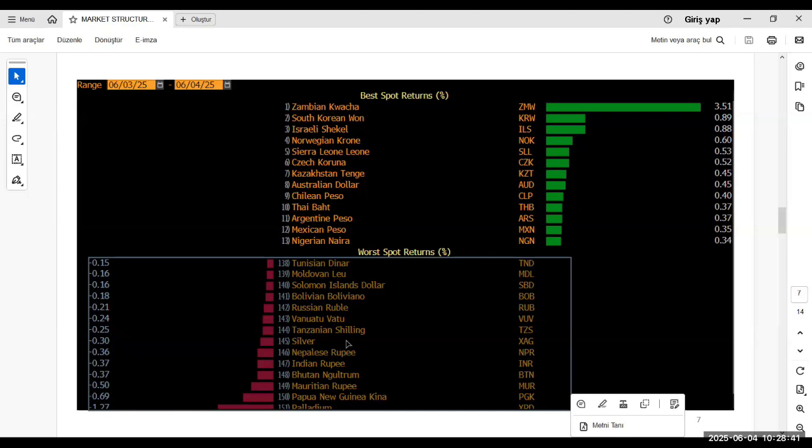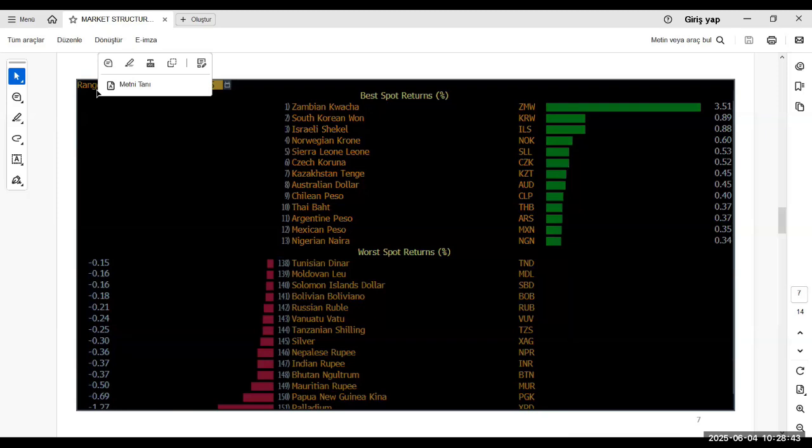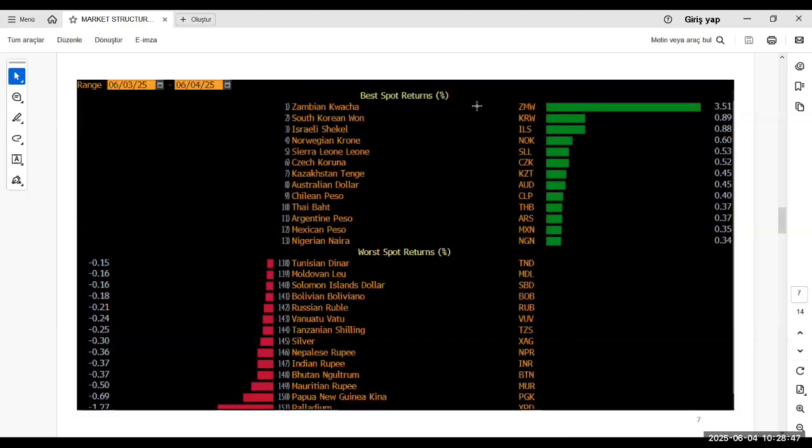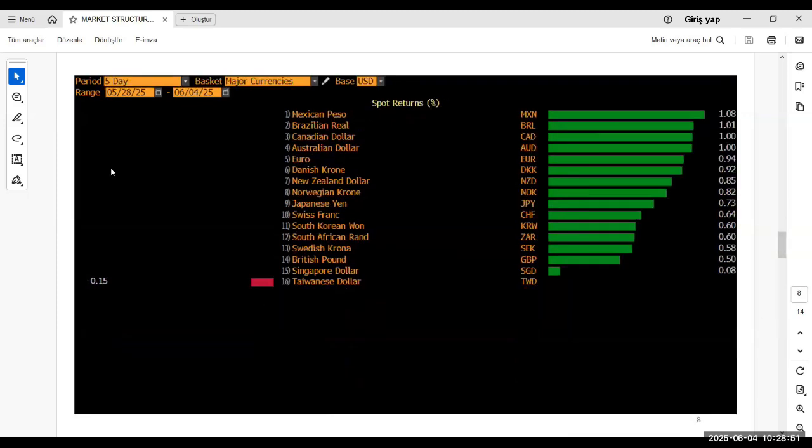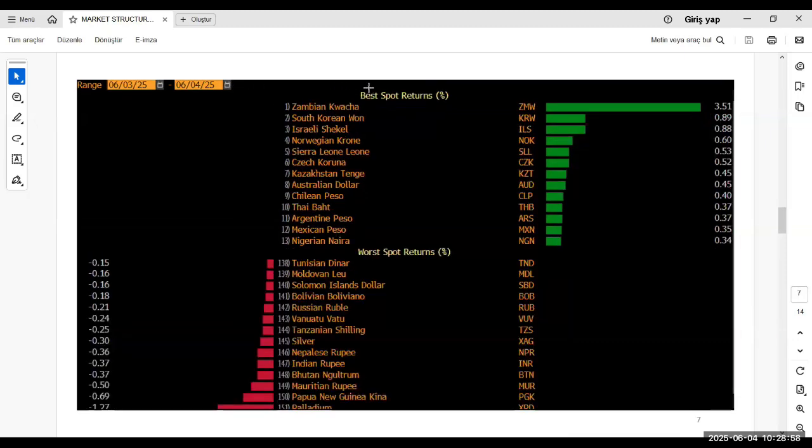You can see the changes in the price of silver every second. For that reason, I reflected this chart to show you what is happening in the best spot returns in just 1 day. But if I change this spot return to a basket of the major currencies, please look at this chart. This is the spot return for 1 day for all currencies.